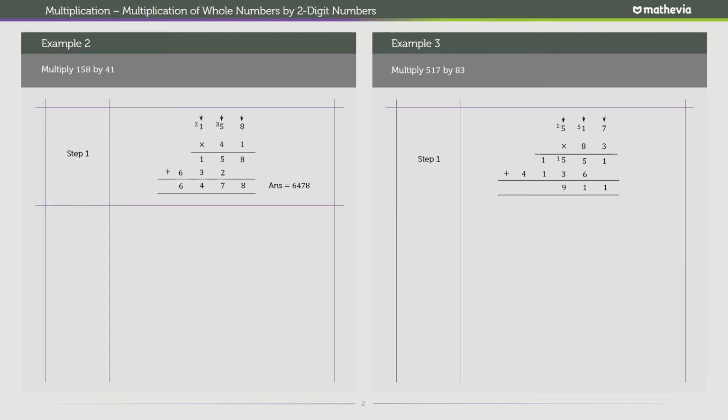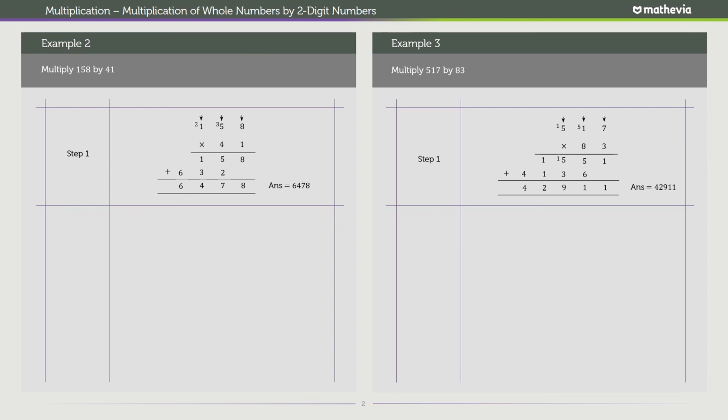Then 5 plus 3 is 8, plus 1, we have 9. And then we have 1 plus 1 gives us 2. And we have nothing plus 4 as 4. And we have our final answer, 42,911.